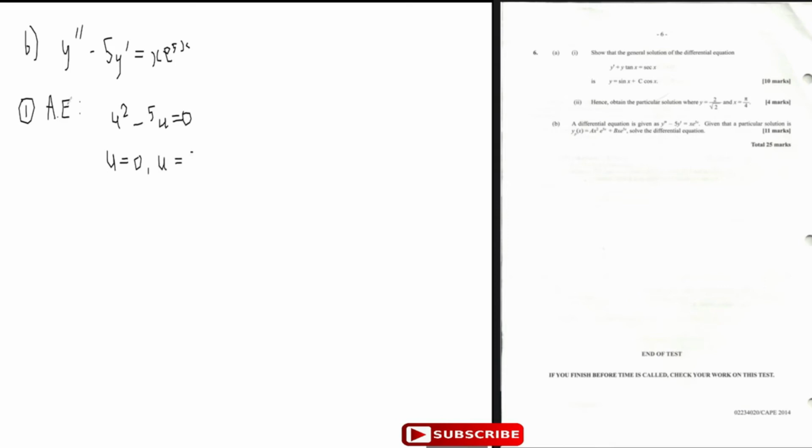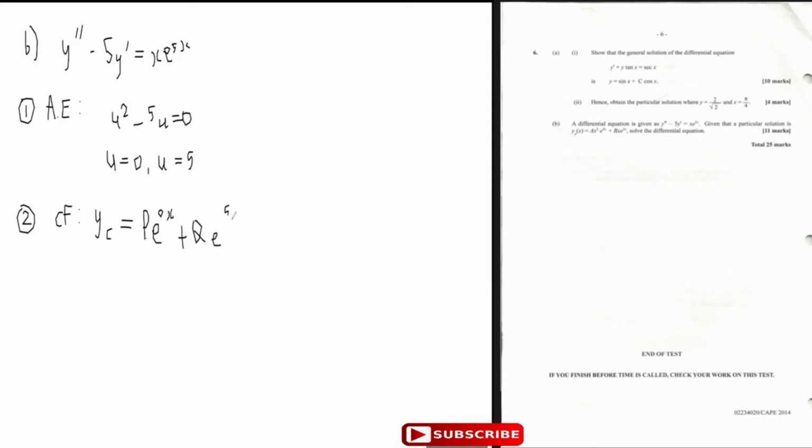Once you get the roots of the auxiliary equation, step 2 allows you to find the complementary function. Generally people call it yc. The complementary function is equal to p e to the u1 x, so it's p e to the 0x plus q e to the 5x.